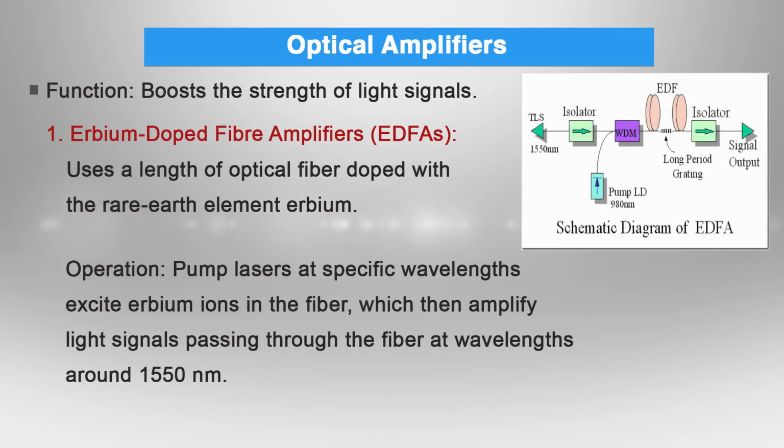Types of optical amplifiers. First is erbium doped fiber amplifier. It uses a length of optical fiber doped with the rare earth element called erbium. Pump lasers at specific wavelengths excite the erbium ions in the fiber, which then amplify light signals passing through the fiber at wavelengths around 1550 nanometers.